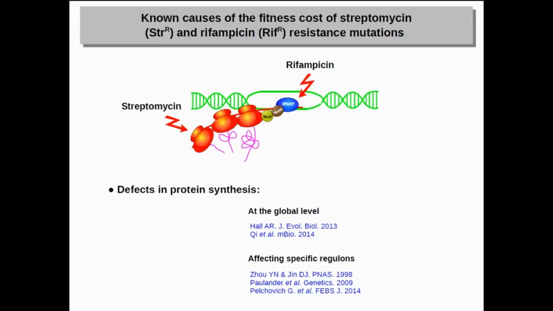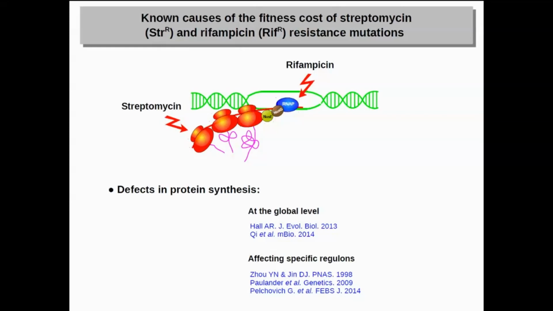Basically, these two machineries, the RNA polymerase and the ribosome, are involved in two essential processes of the cell, transcription and translation. And the result of that is protein synthesis. So the obvious explanation to interactions and to the cost of resistance mediated by these mutations was protein synthesis.